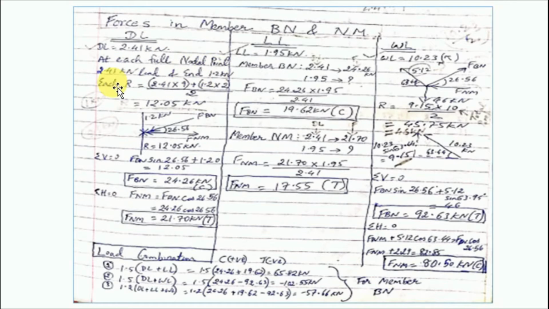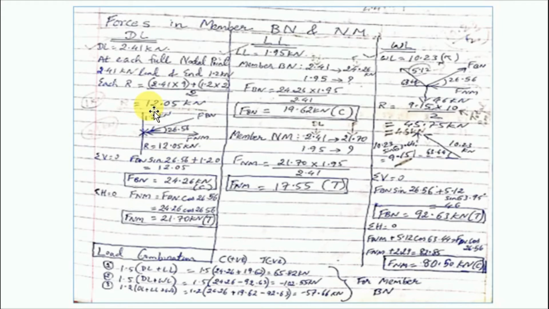At each full nodal point, 2.41 kilonewton loads and at the end 1.2 kilonewton. So we have to find the reaction for this point we have selected. For the reaction we have the coming force and angle.